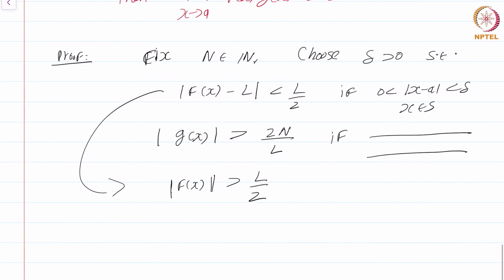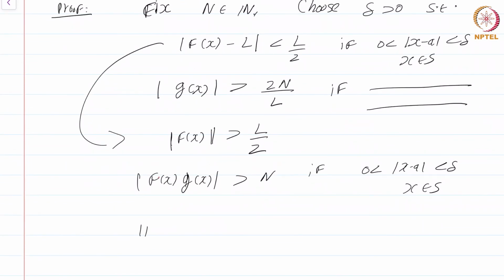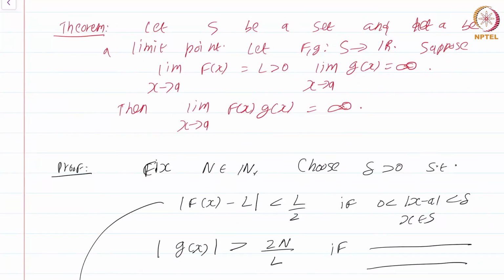So because mod f of x is greater than L by 2 and mod g of x is greater than 2n by L, mod f of x g of x is simply greater than n if 0 less than mod x minus a less than delta and x is in S. Okay, this is an immediate consequence, hence proved. So if you have one quantity converging to a positive number and another quantity converging to infinity, then the product will have to also converge to infinity.